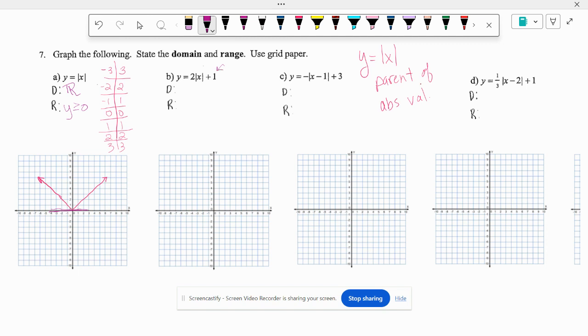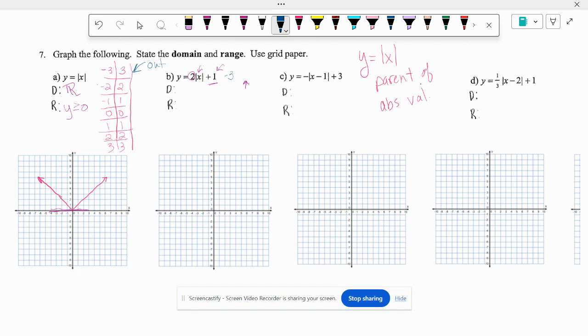Now let's transform this. I'm taking the parent function with a plus 1 outside of the absolute value function. A plus 1 outside means I'm going to move everything up 1 unit. And this 2 in front of the absolute value means I'm going to multiply by 2. The first thing we're going to do is take all of our outputs and multiply them by 2.